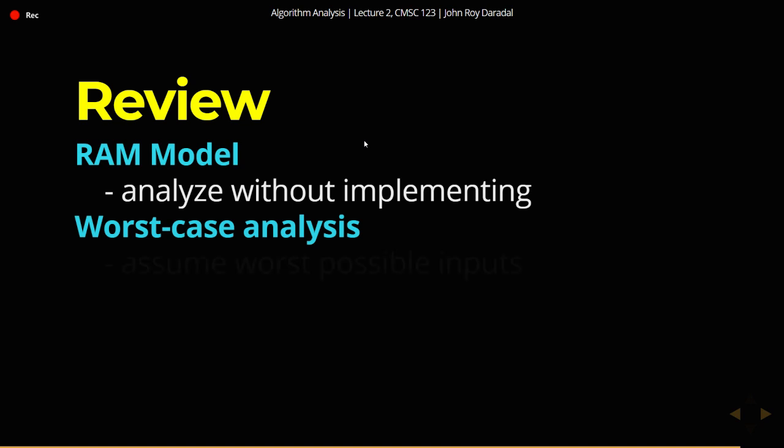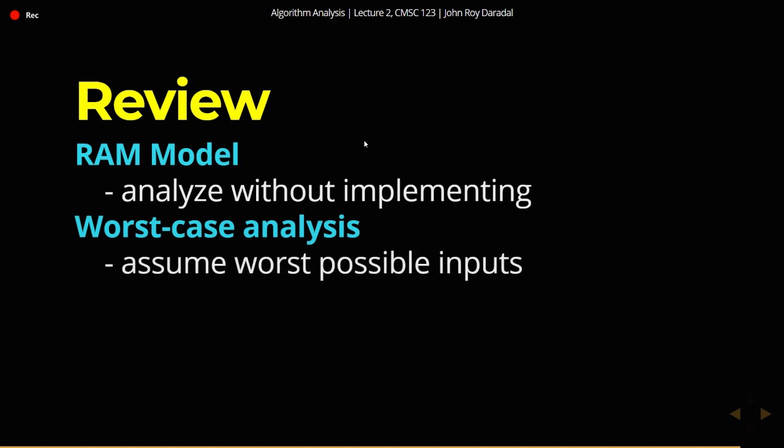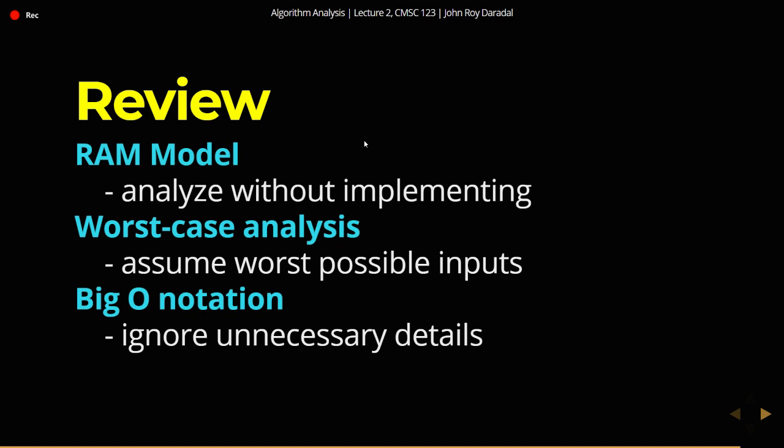We also looked at worst case analysis, wherein we assume the worst possible types of inputs so that we could have an assumption on the type of data that we'll get, and we can remove the dependence on the input structure. And finally, for big O notation, we ignore the unnecessary details like the lower order terms and constants and focus only on the growth rate of the algorithm.